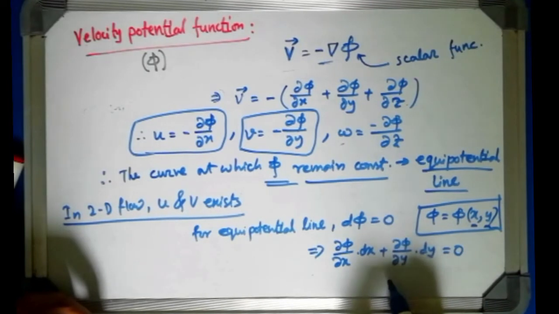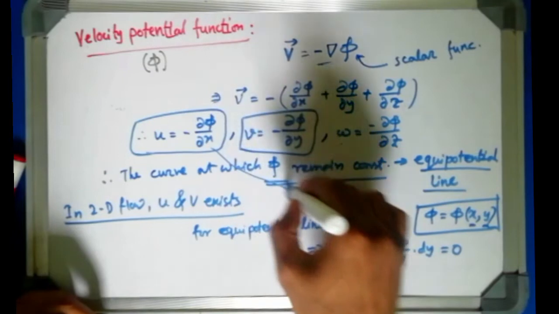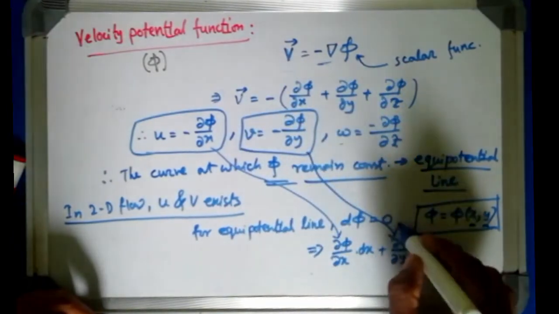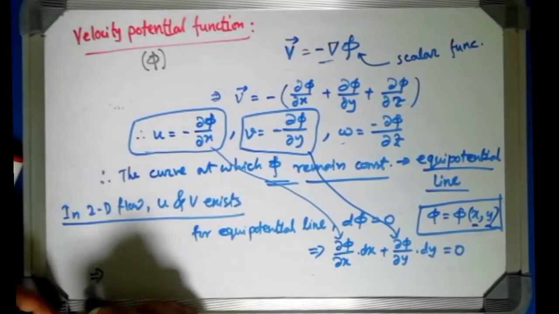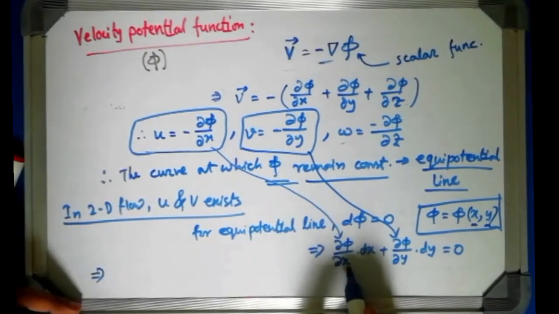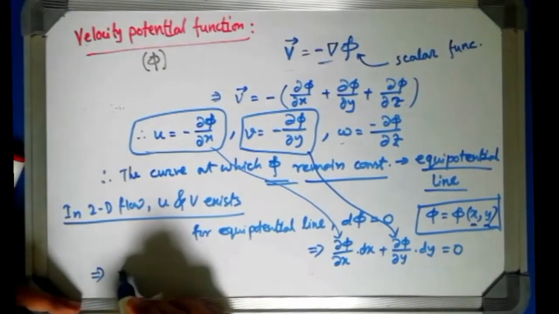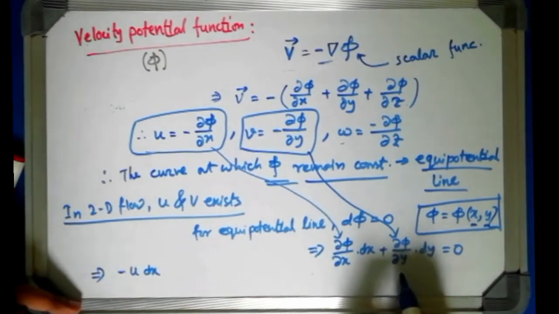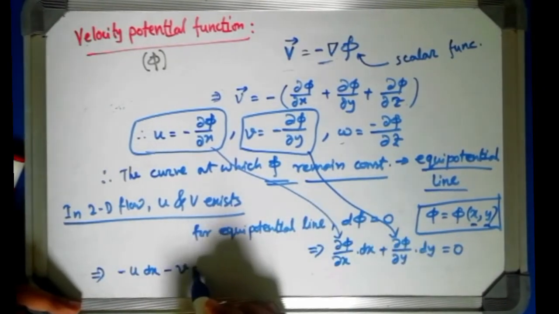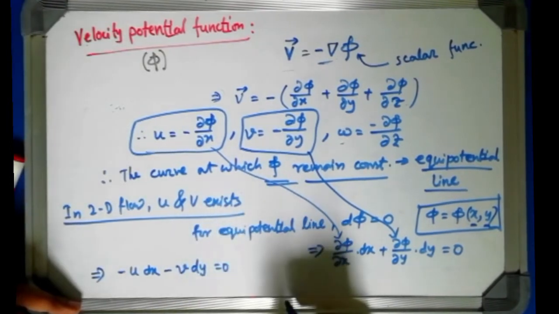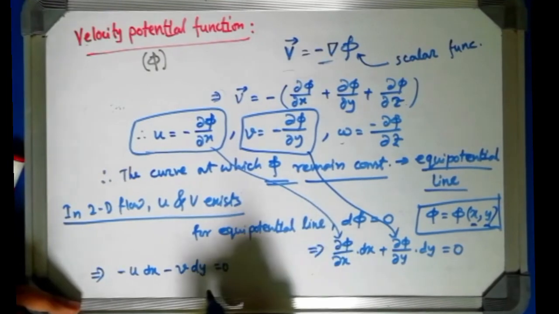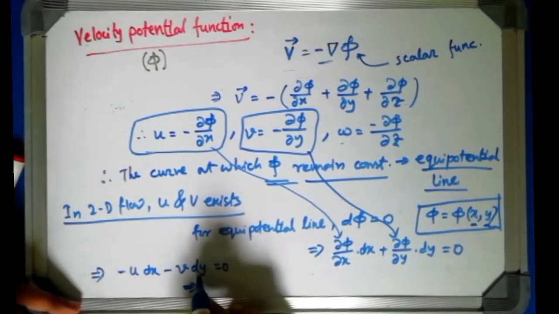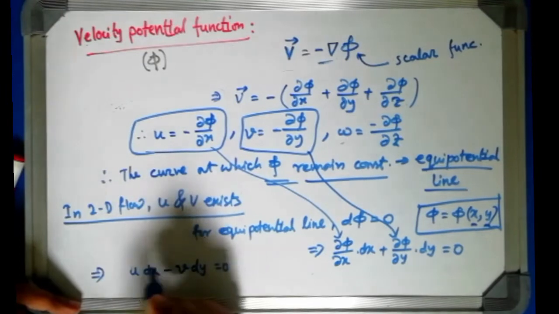So if we put these two values over here, what does this give? Del phi del x equals minus u, so it will be minus u dx, and del phi del y equals minus v, so minus v dy equals 0, isn't it? If we take minus as common, this minus will vanish, it will be plus.